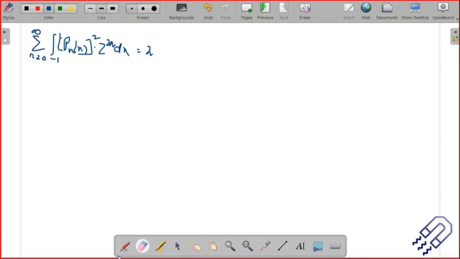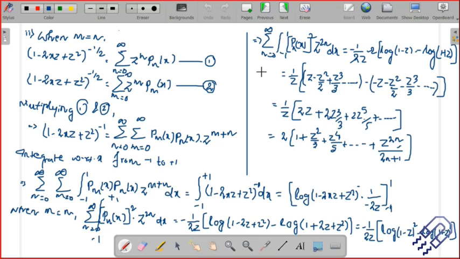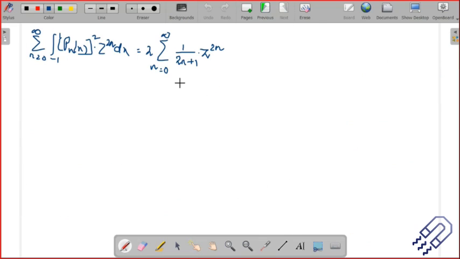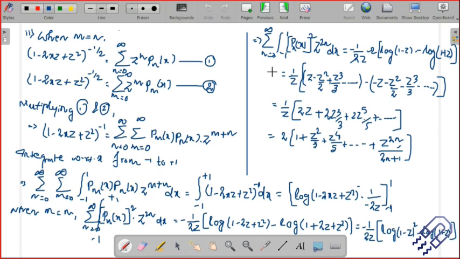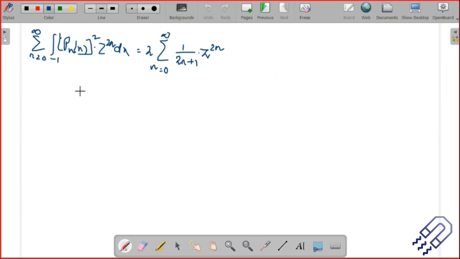We can write it down as summation 2 times, this would be summation 1 divided by 2n plus 1 into z to the power 2n, where n goes from 0 to infinity. So if you put n is equal to 0, this would be z to the power 0, so it will be just 1. If you just go back here, first term is 1. The second term, if you put n is equal to 1, 2 is already there, so it will be 1 divided by 3, and this would be z square, so it is z square divided by 3, and so on. So you can just keep on using it, and then that's it.